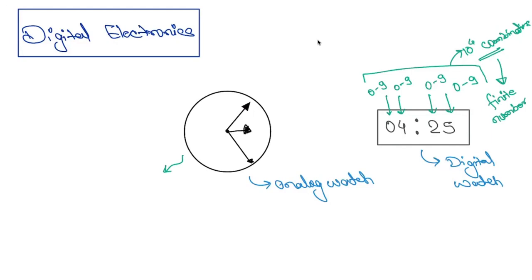Which times can the analog clock show? Like this is 4:25, it can be 4:27. What are the possibilities here? Can we say that it has an infinite number of possibilities? Yes or no?